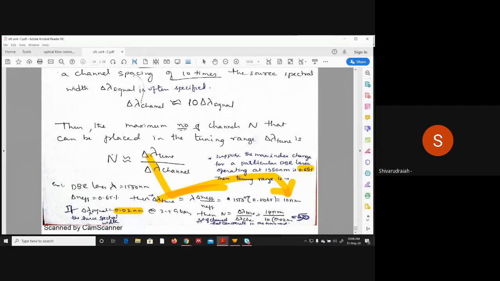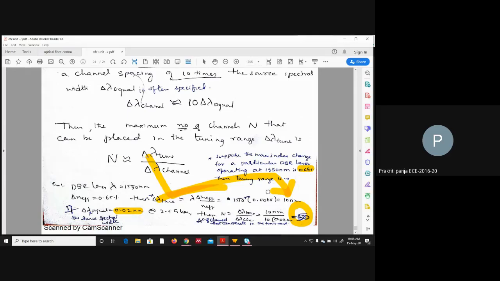So 10 nanometer divided by 10 into 0.02, that is 0.2 nanometer, will give you 50. N is equal to 50. So that means 50 different channels can be produced by a laser source operating at this wavelength, 1550 nanometer.